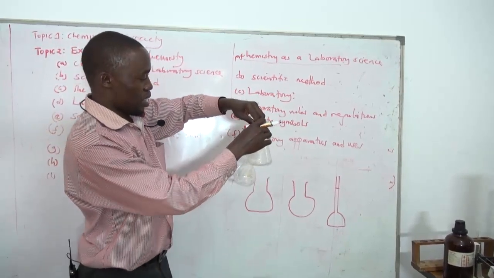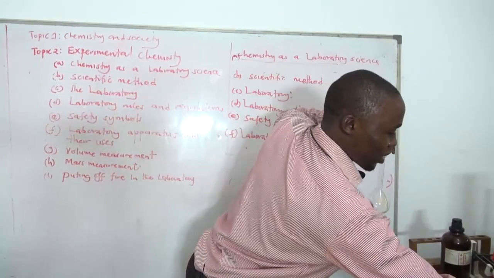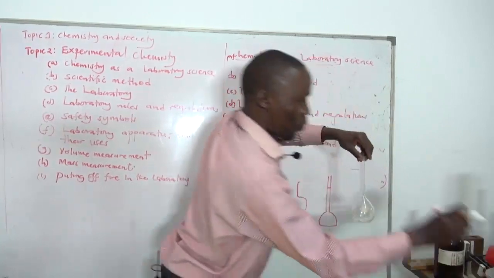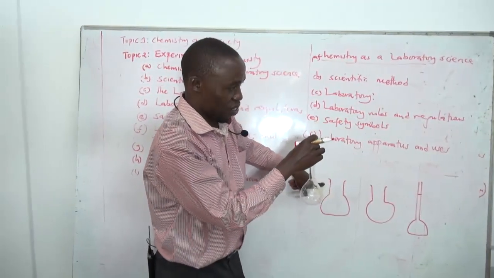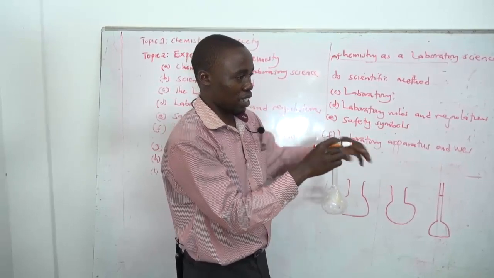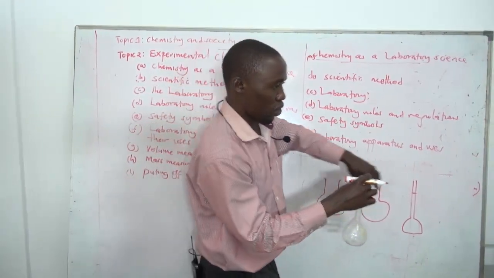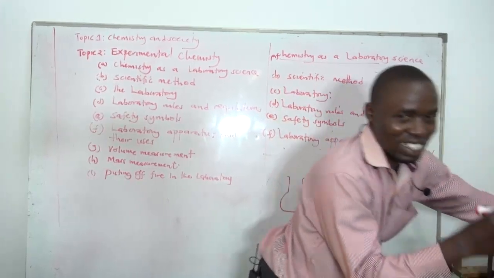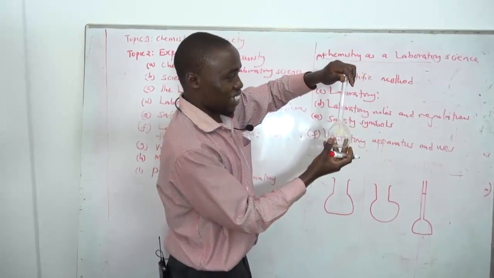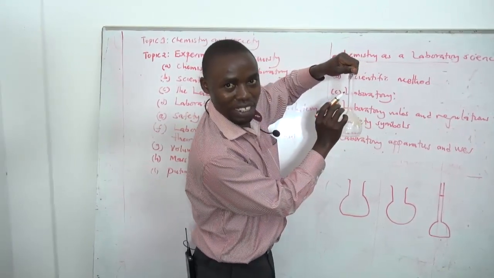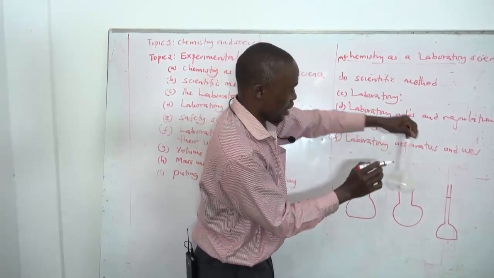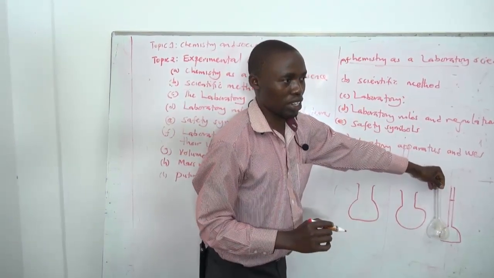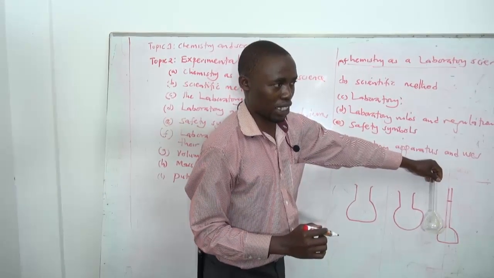Look here. This one would do. We don't have it here, unfortunately. This one has a big mouth like this. But this one with a neck here has where you end. This is called a volumetric flask.